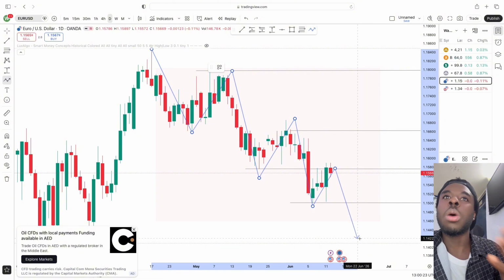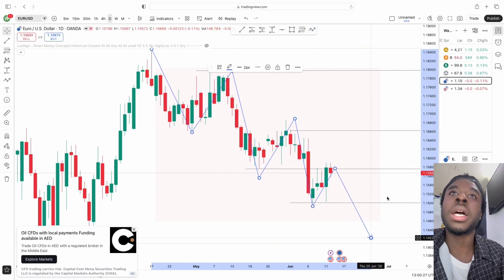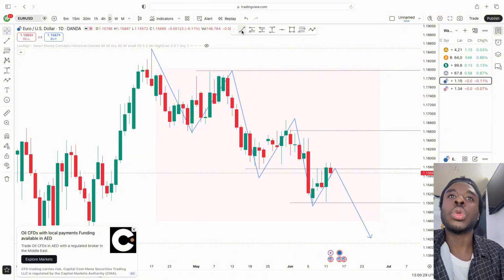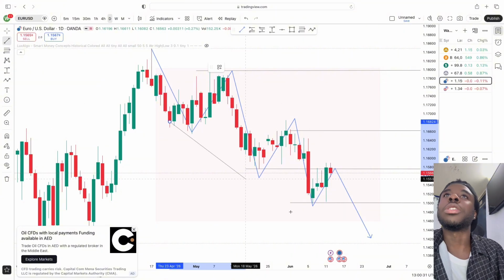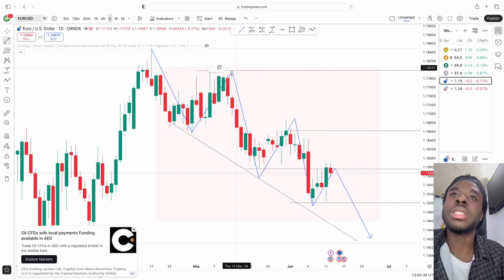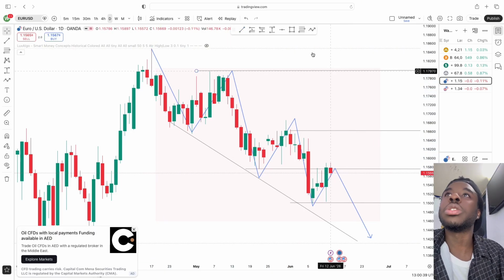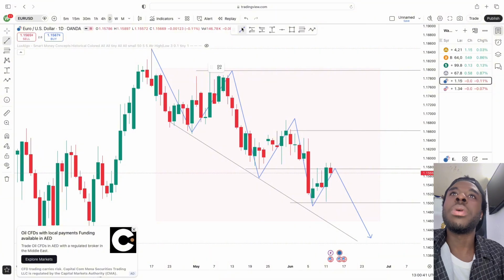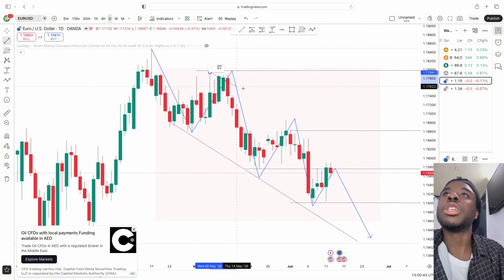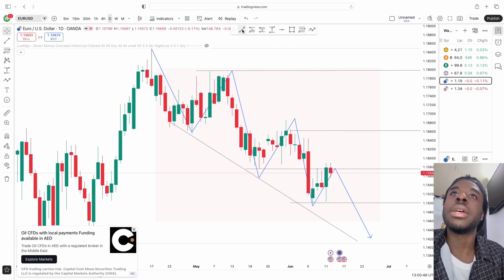All I want you to understand is the movement or the direction of the market, right? So this is the direction of the market. And you can also draw a trend line over here. You can see the price is in a bearish trend. Everything shows the price is in what? A bearish trend, right?